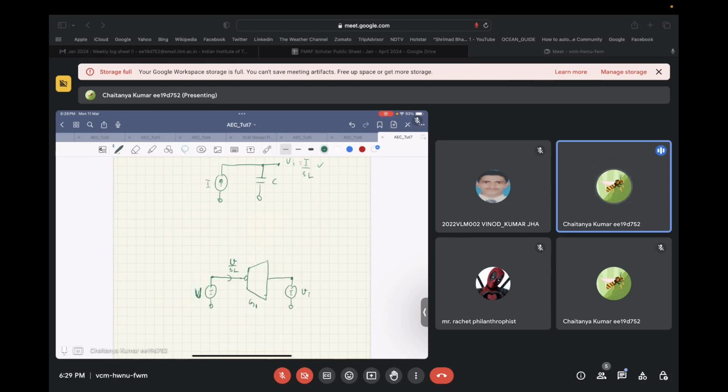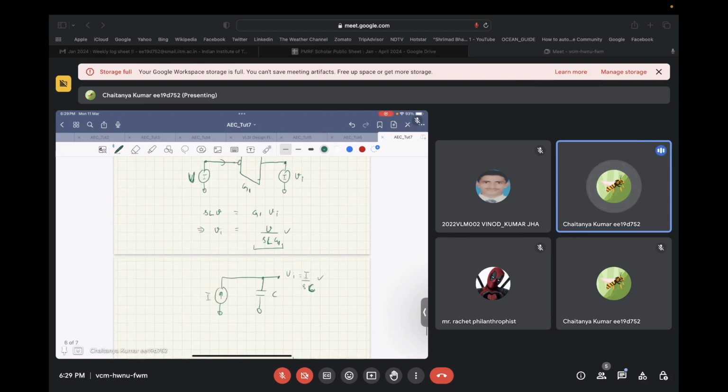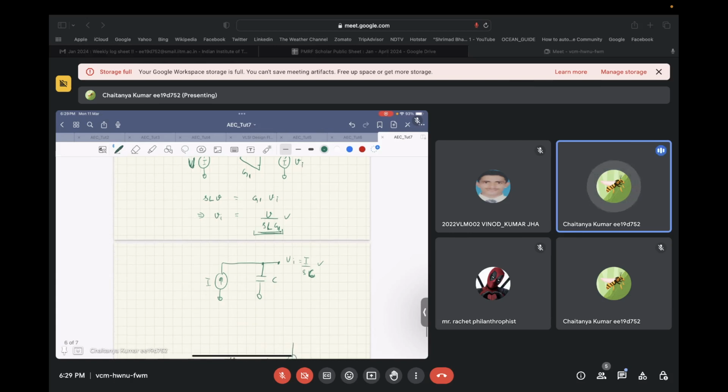Let's say we had a capacitance over here with a value of Ci, and we were able to push a current into this particular node, then this node will have a voltage Vi of the form I divided by SC, which is the exact same form of voltage we need to put on this node.